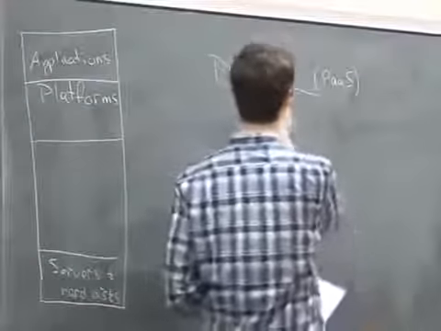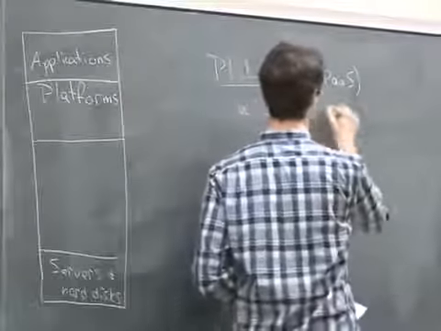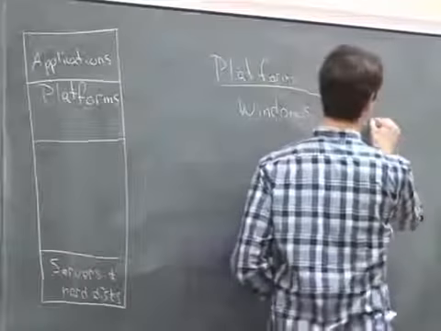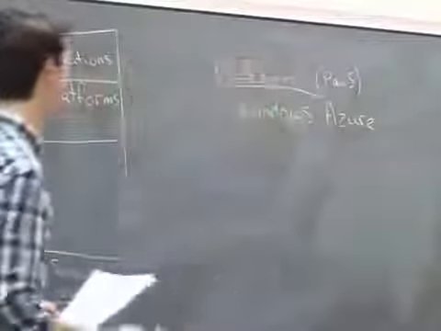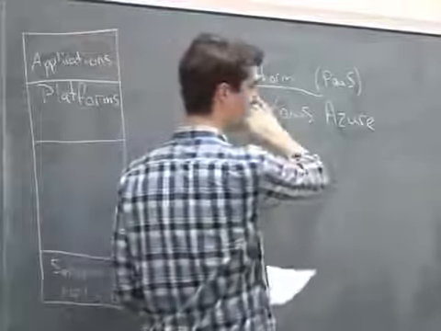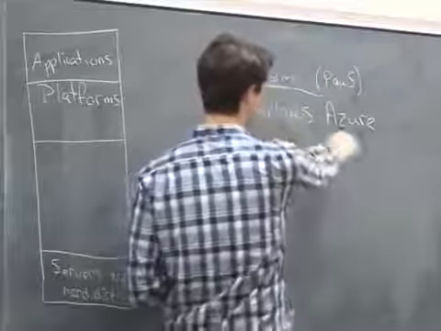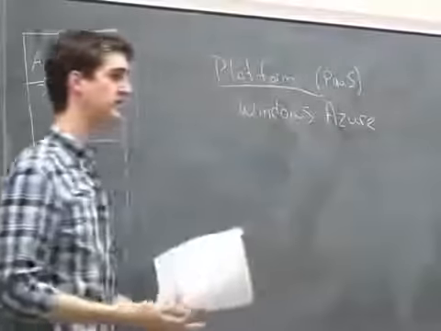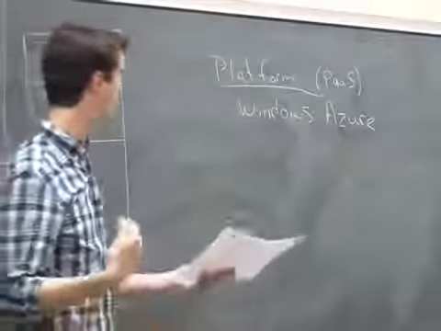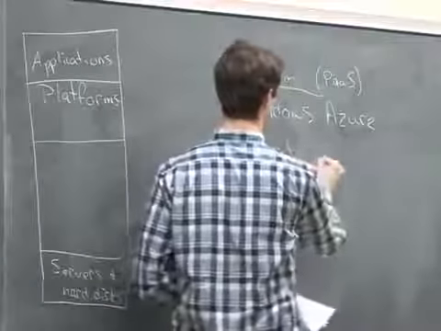And there's things like Windows Azure that basically allows you to buy compute time on Microsoft servers, but they have this platform called Windows Azure that if you write your application on top of their platform, you get things for free, like you get auto scaling.